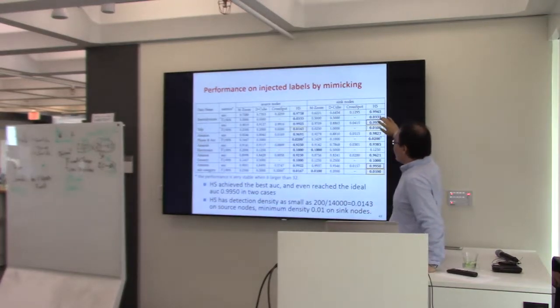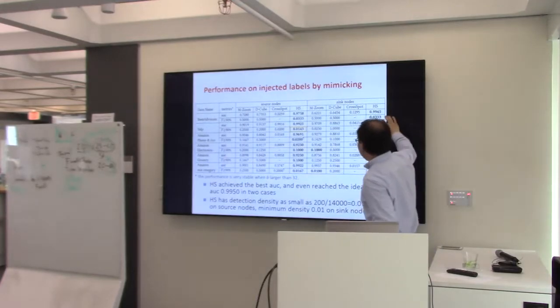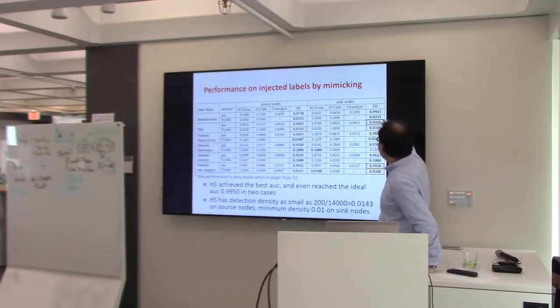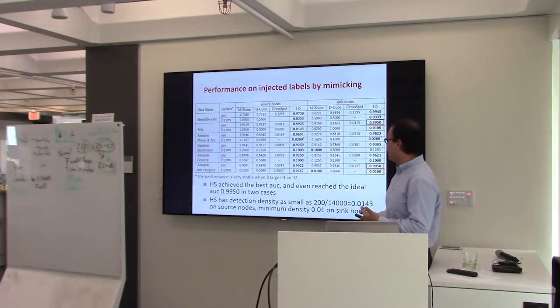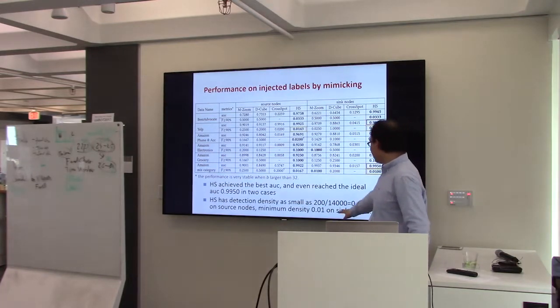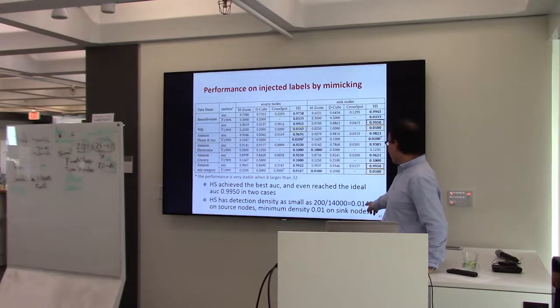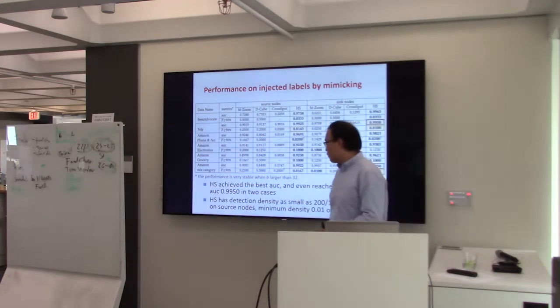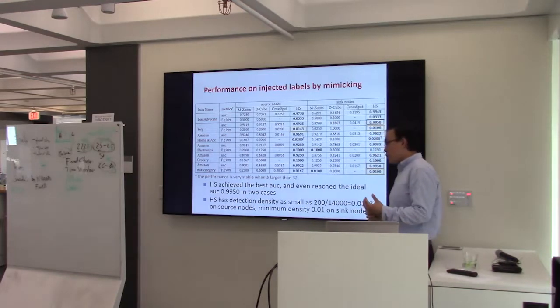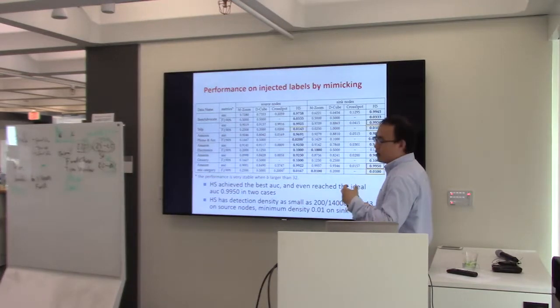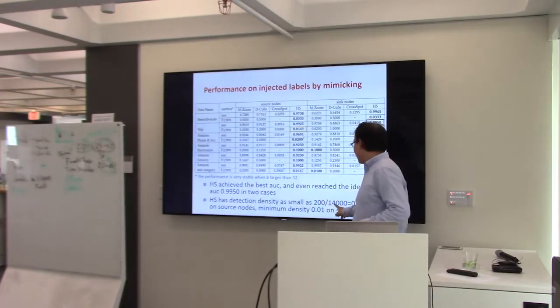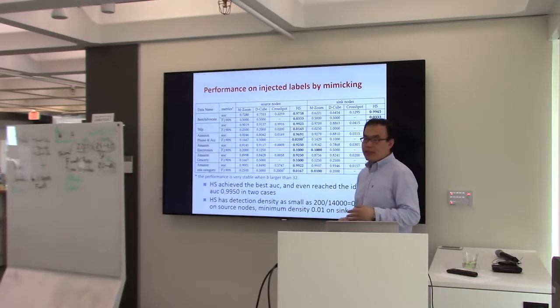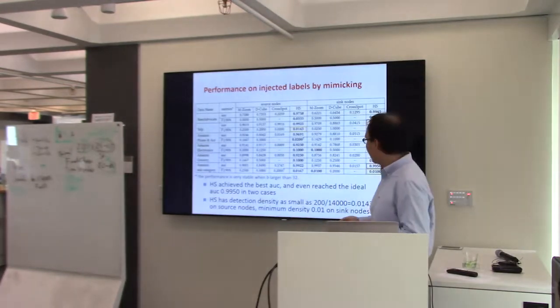We can see that for accuracy, we almost achieved the ideal accuracy, and sometimes we achieve the ideal accuracy in our testing cases. And for detection density, we can make it as small as 0.0143, which means if the fraudsters have 200 accounts and want each object to be clicked 200 times, they need 14,000 accounts to avoid detection.